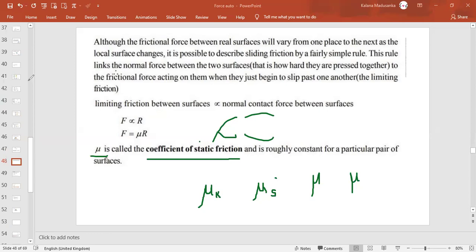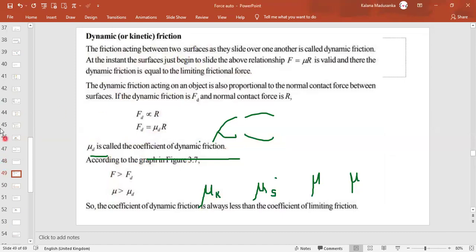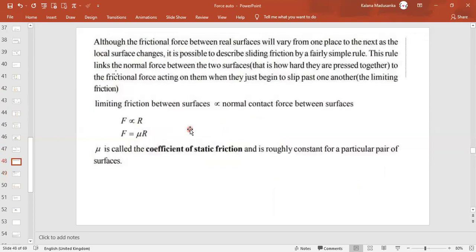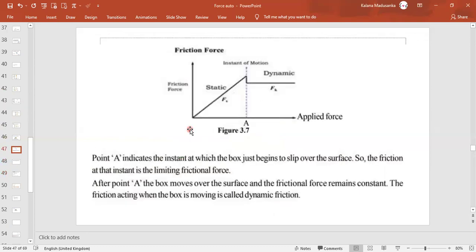And you have to remember there's another difference. If I ask which one has the highest value, it is the mu s, and beyond this point we use the mu k term for any question. So which one has the highest value?